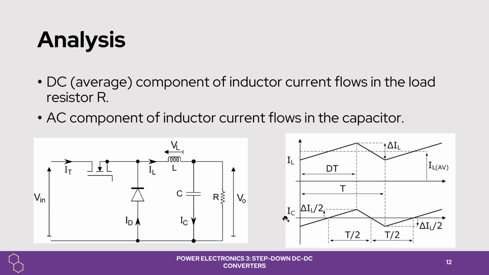And as we can see from the figure, the current of the inductor is a DC current with a ripple, as we can see, delta current of inductor, and the current of the capacitor is an AC current. As we can see, there is oscillation around the x-axis, which is time.